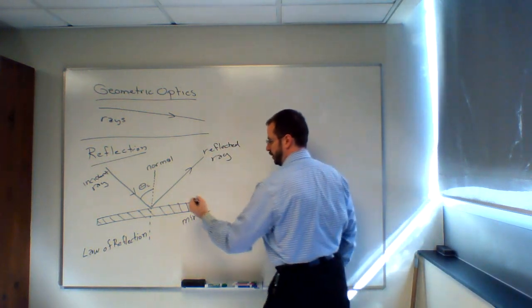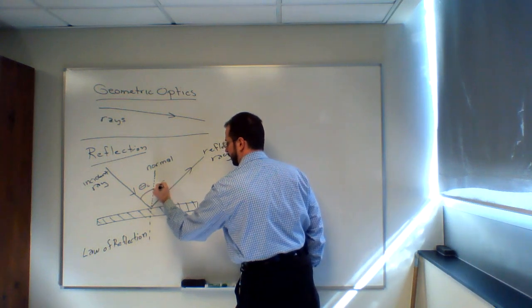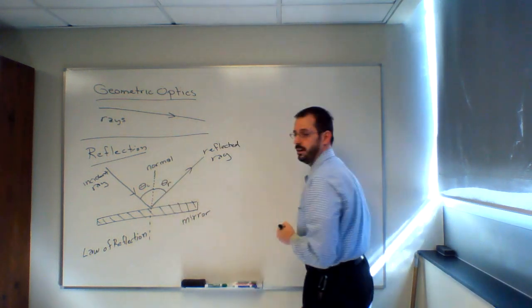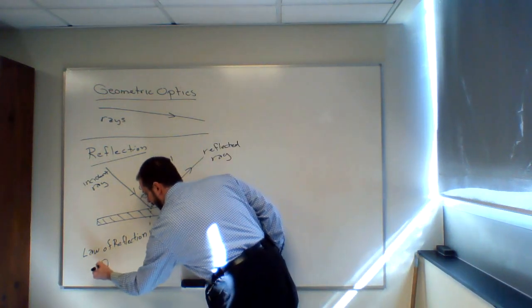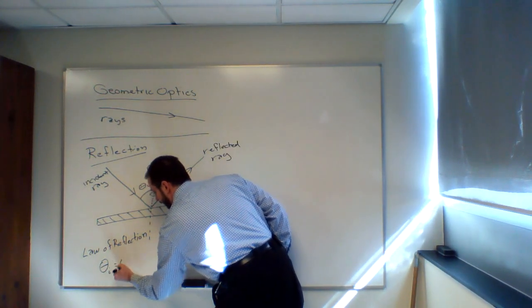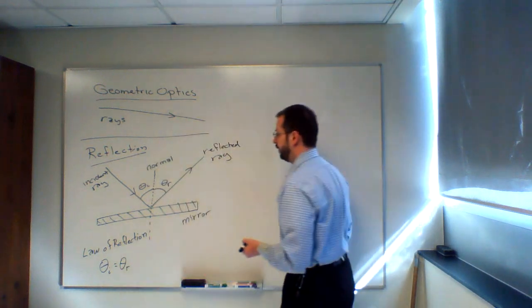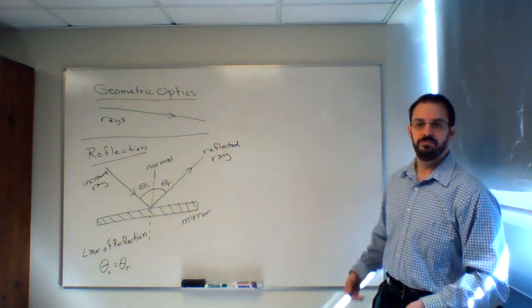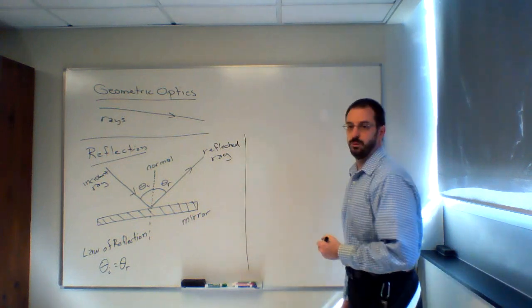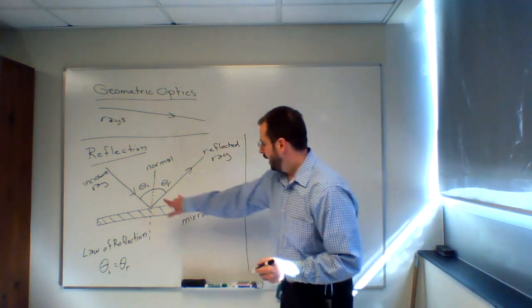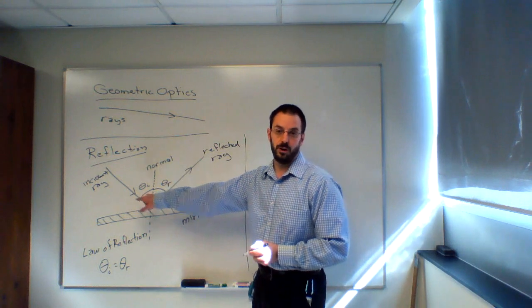The angle at which this ray will reflect we'll call theta r. And the law of reflection tells us that theta i is equal to theta r. That's it. That's the law of reflection. The angle of incidence equals the angle of reflection. And again, the angles are always measured from the normal.